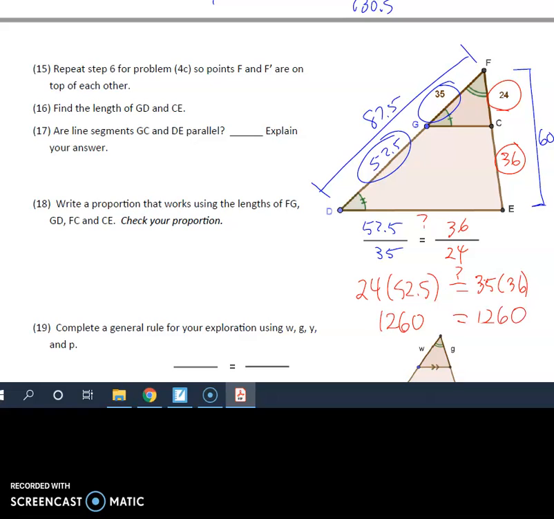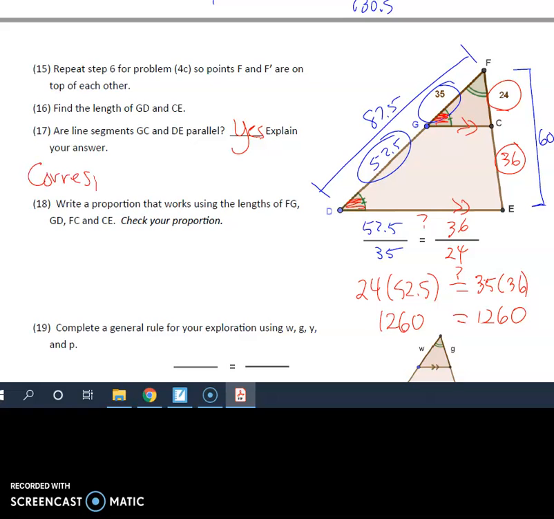So this is the third time that I have taken the two lengths that are being split by the smaller triangle, and I have created ratios using the two pieces from each side, and the ratio seems to work. The question going back to, are the lines parallel, and that would be GC and DE, and the answer is yes, because the corresponding angles of the G and the D, the ones that are marked, are congruent.